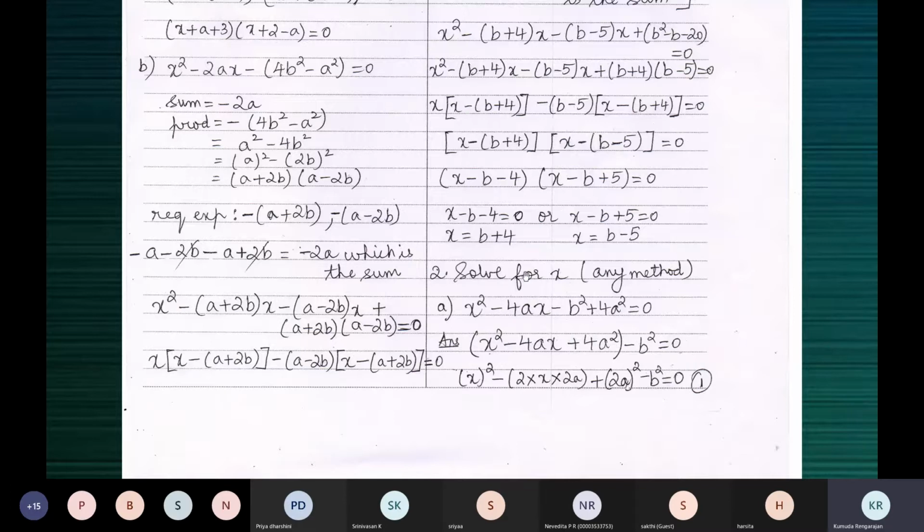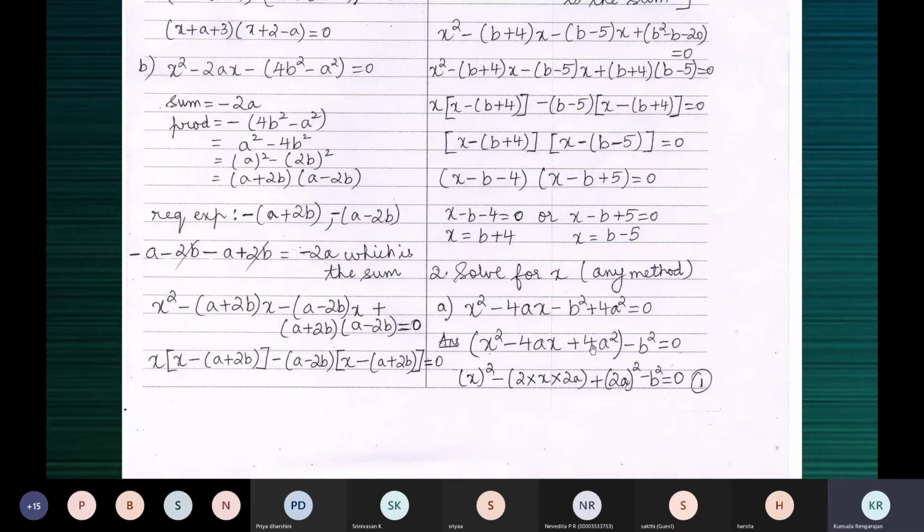So what I'm saying is, from the signs itself, you can make out that if you want to regard this as the x square term and this one as the x term, then the third term, to use the formula a square minus 2ab plus b square, should be a positive term. So it cannot be minus b square.